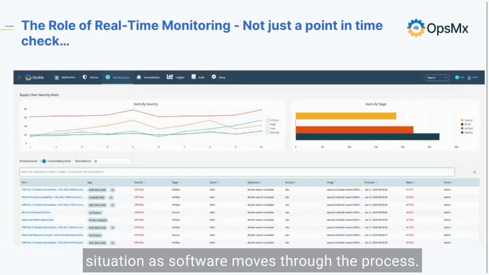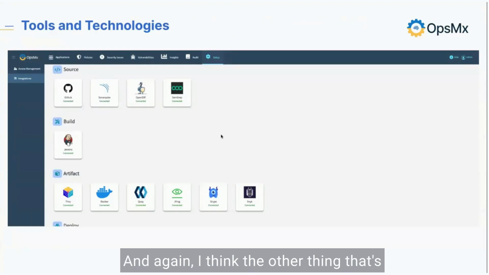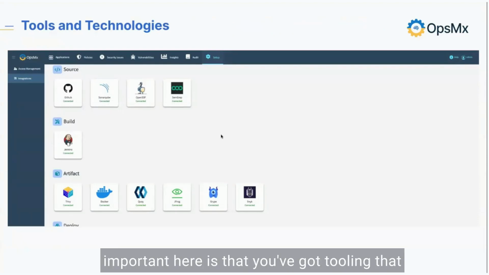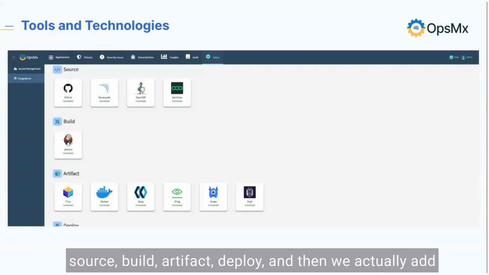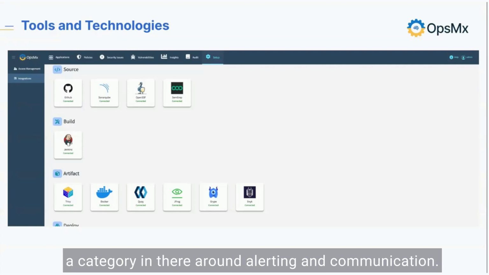And again, I think the other thing that's important here is that you've got tooling that has those levels of integration, right? So for us, we break up our tooling into source, build, artifact, deploy, and then we actually add a category in there around alerting and communication, right?